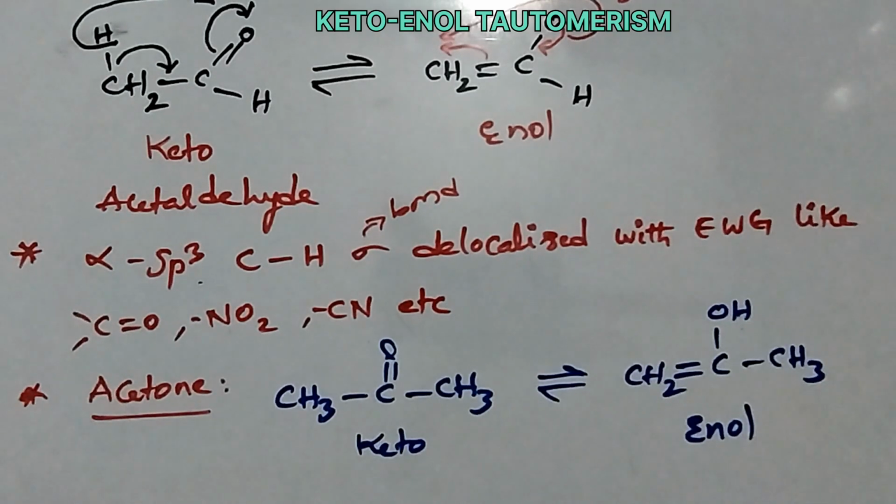This is one example. In some cases, the keto form is more stable than the enolic form due to the strong C-O sigma and pi bond compared with the C-C sigma and pi bond.